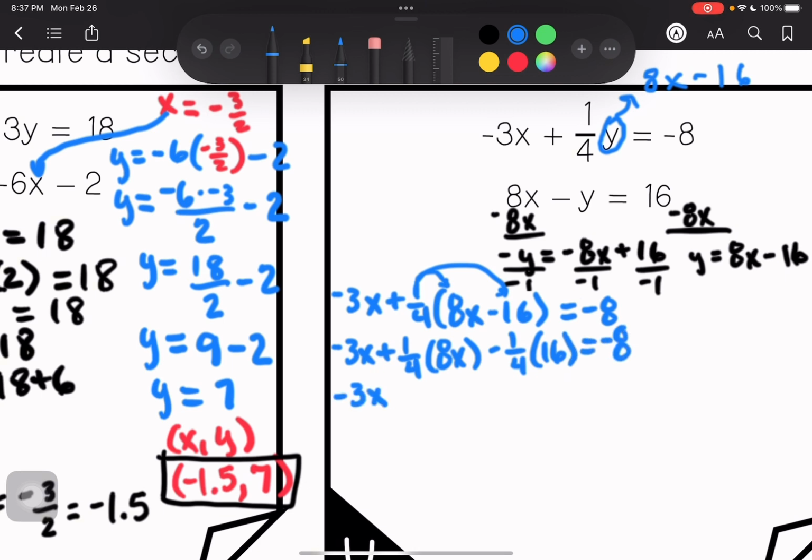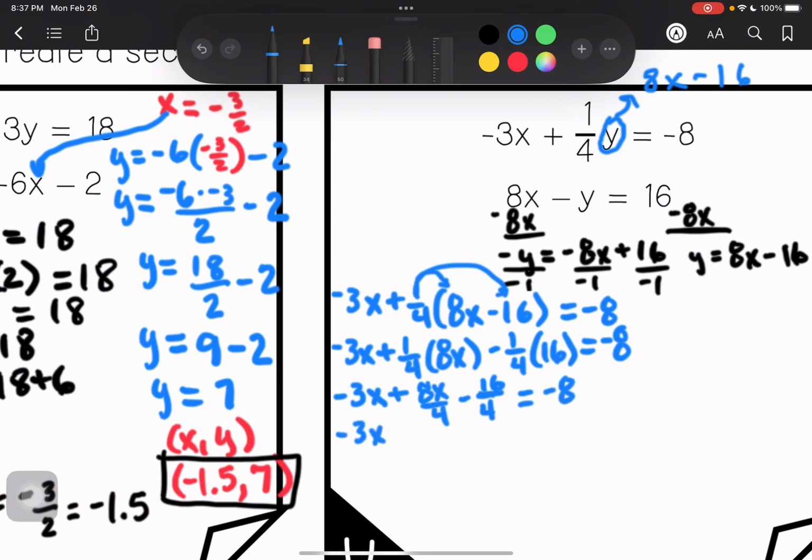Well, when I multiply 1/4 times 8, that's the same thing as dividing it by 4. Okay, so that gives me 8x divided by 4 minus 1/4 times 16 is 16 over 4 equals negative 8. Now I want to simplify.